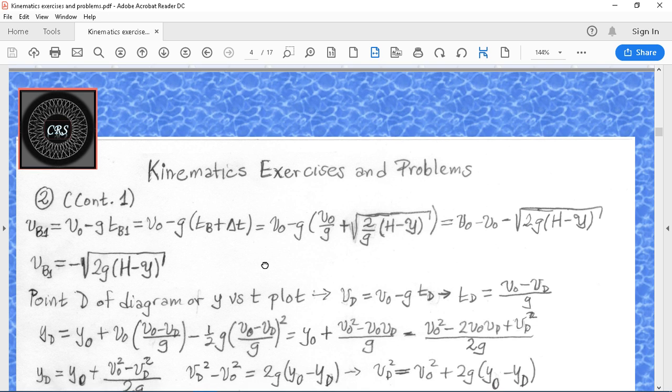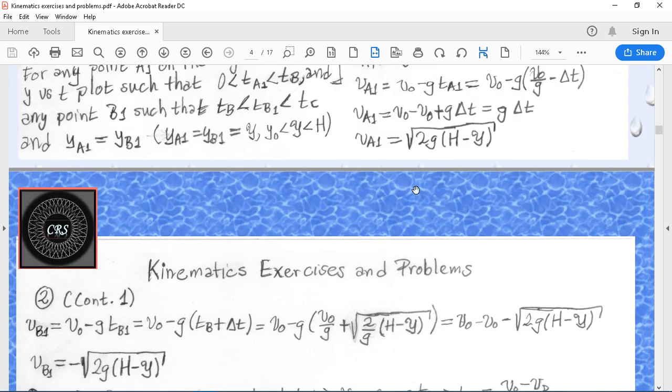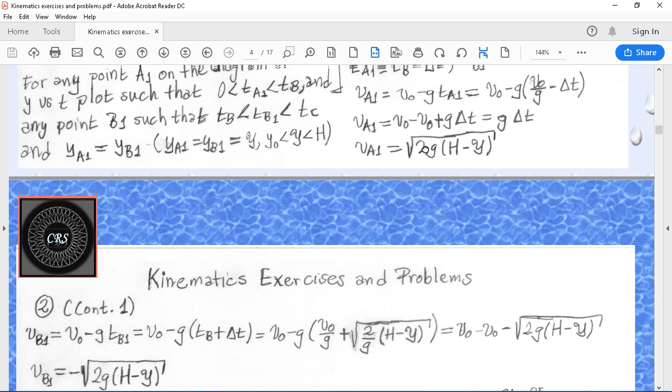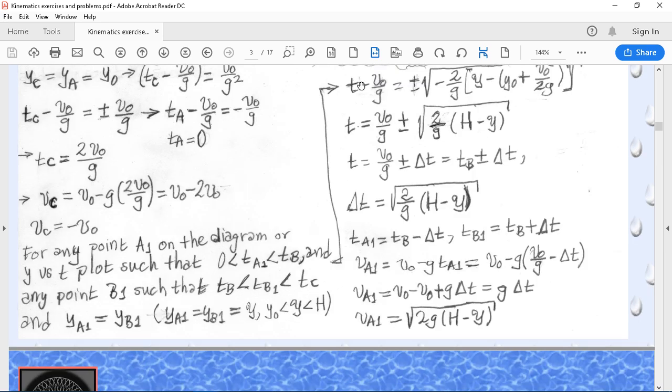That is, if they have the same vertical position, that is, if they are at the same height, then they will be equally separated in time with respect to the time of the ball reaching the highest altitude.